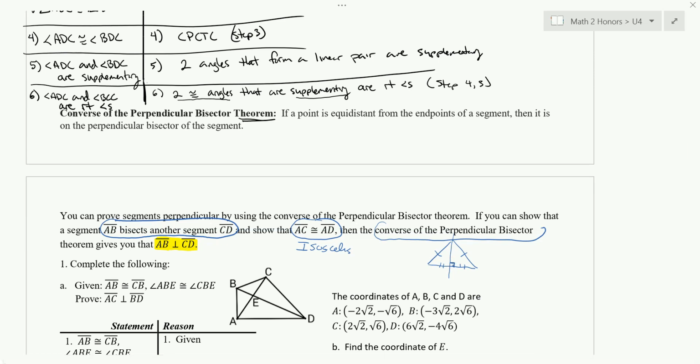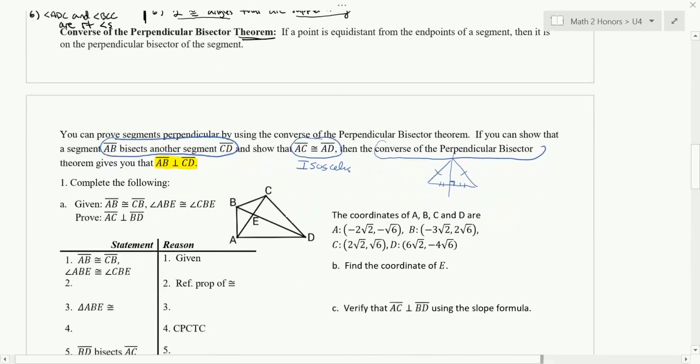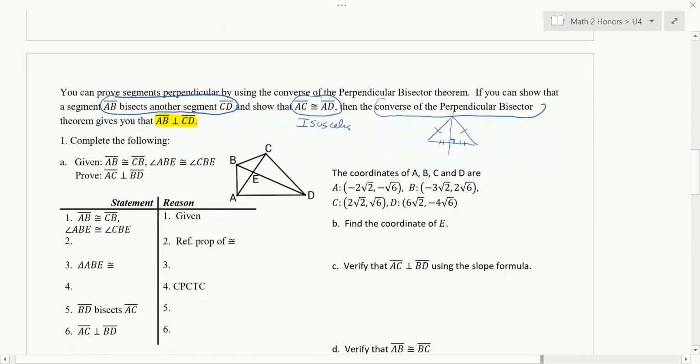And so let's use this in this first proof. On number 1, we have a kite-looking figure, with some givens.